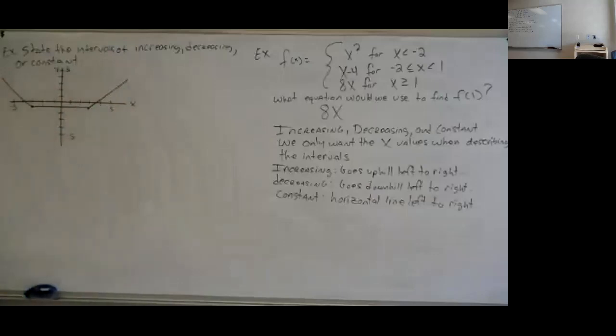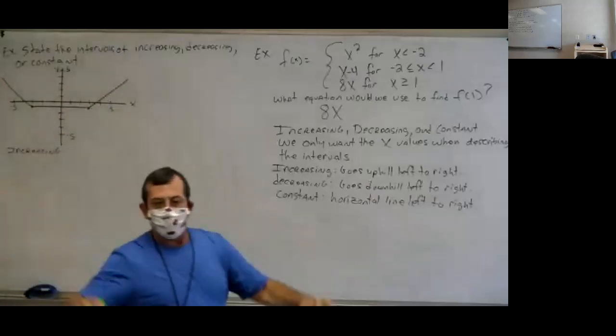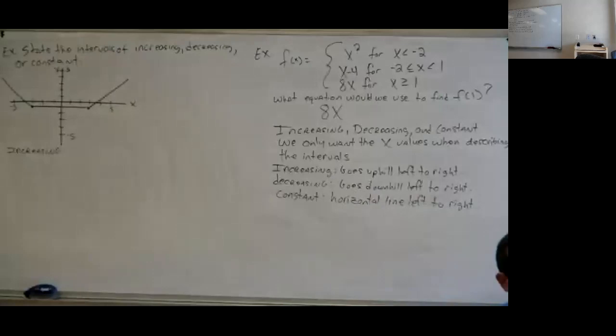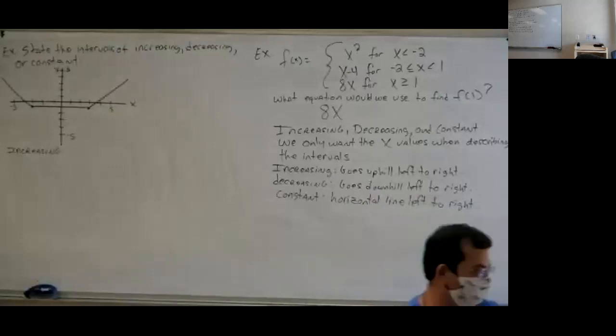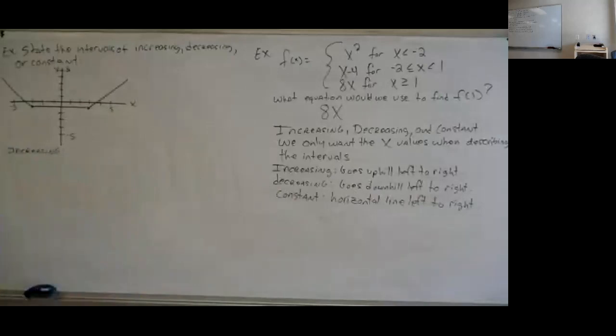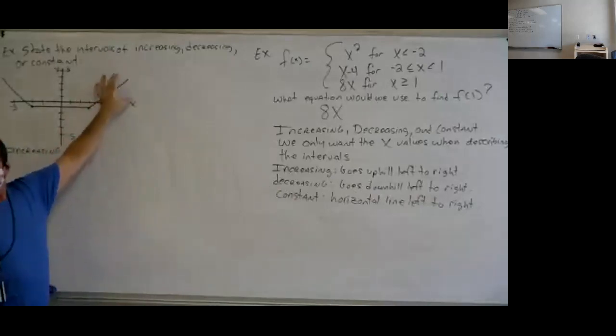So the first thing they want to know is my increasing. Now, you never use brackets on these intervals. They always got to be curvy parentheses. So those points can't be both. So we say it's increasing right up to the point, and then it starts doing whatever after, okay? So increasing is my last section of my graph where it's going uphill.